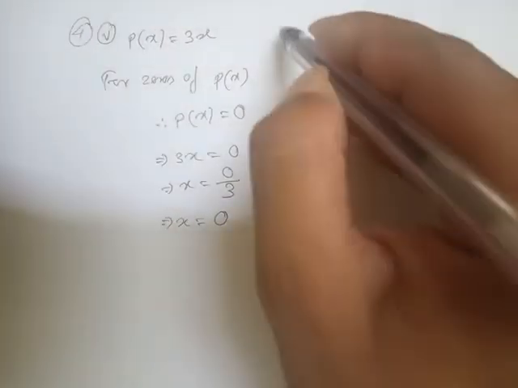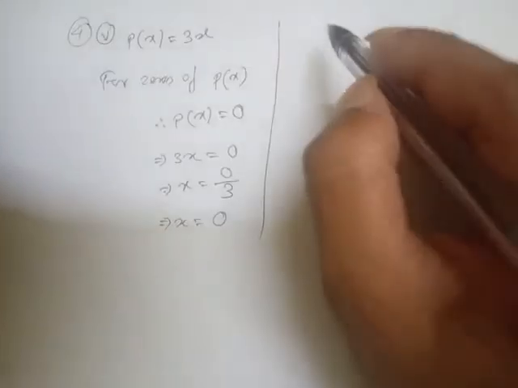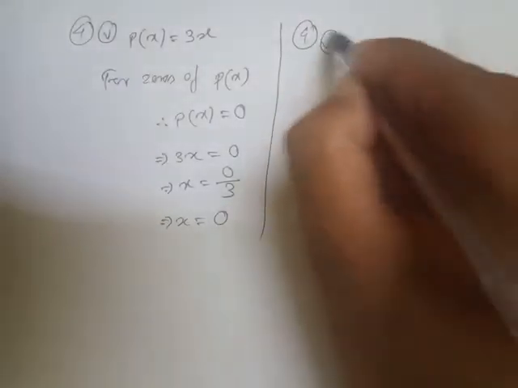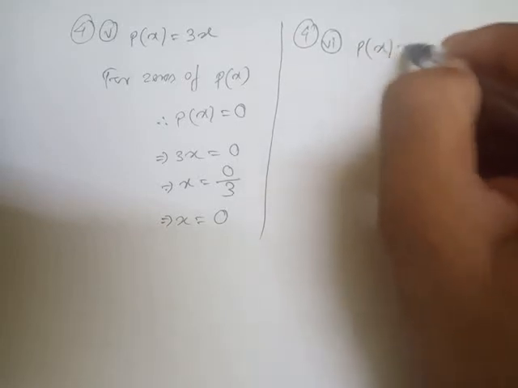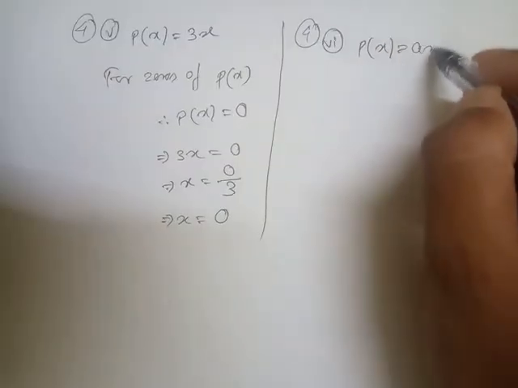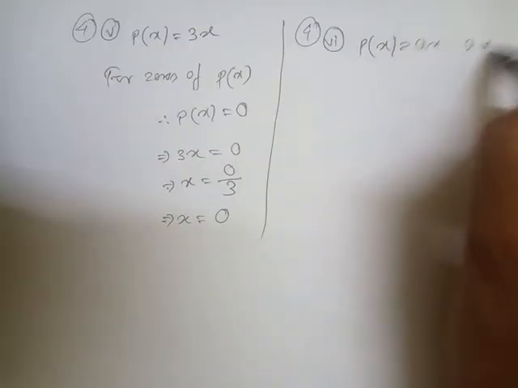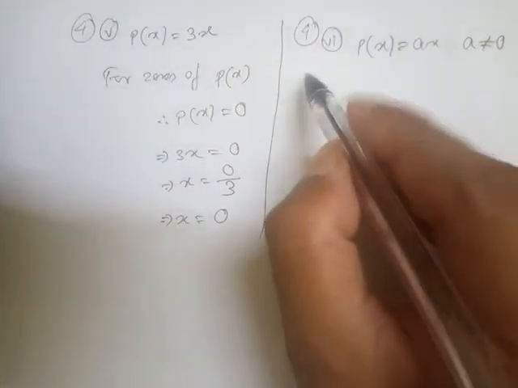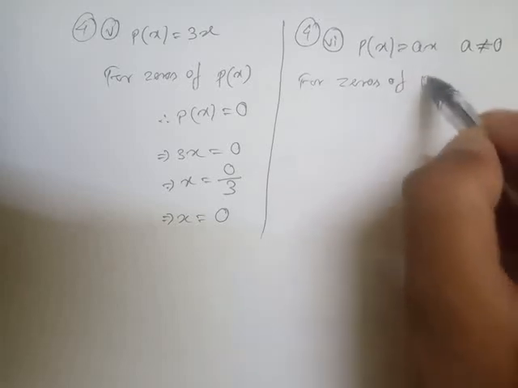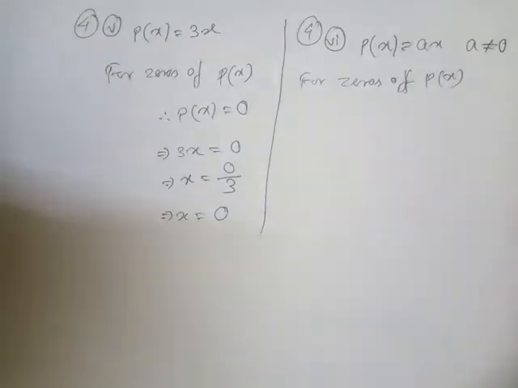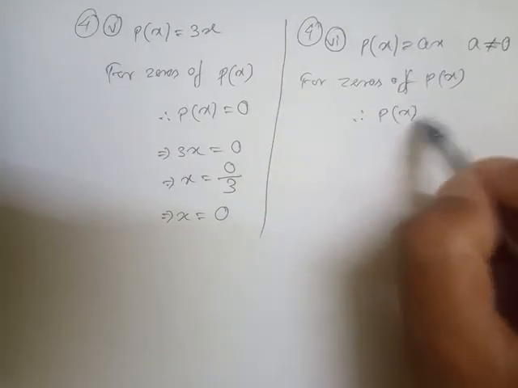Now 4 Roman 6, how to solve this one? The question is actually p(x) equal to ax, and the condition is given that a is not equal to 0, and we have to find the zeros here. So for zeros of p(x), therefore p(x) equal to 0.